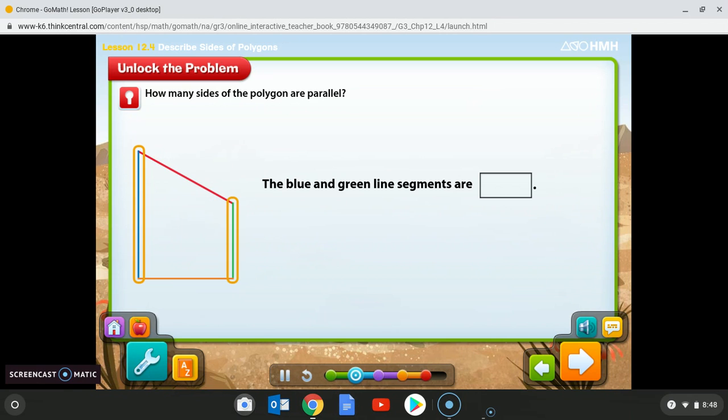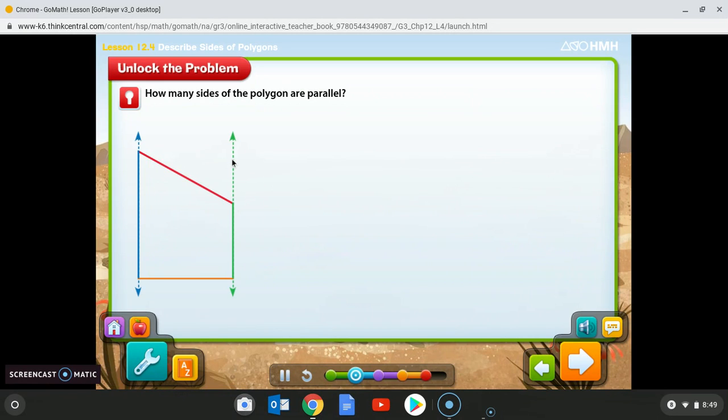Finally, what about the blue and the green line segments? Do they look like they're going to cross? Nope. Are they going to cross to make a right angle? No. So the blue and green line segments are parallel. Do you see how these lines are the same distance apart here and here and here? Even if I extended this line segment, like it's shown here, these lines will never, ever cross.